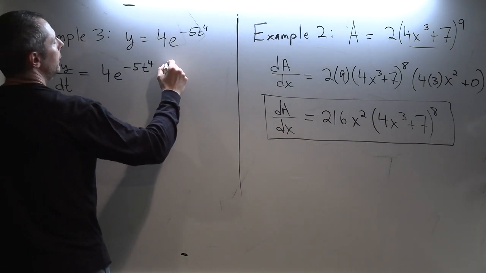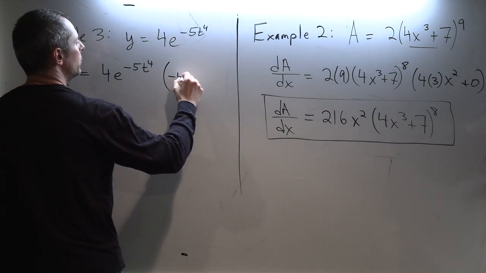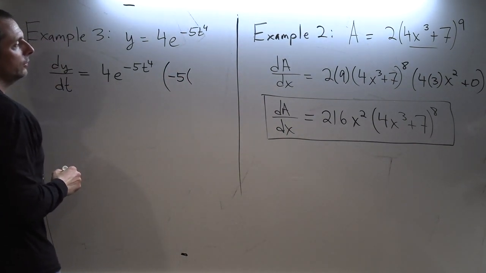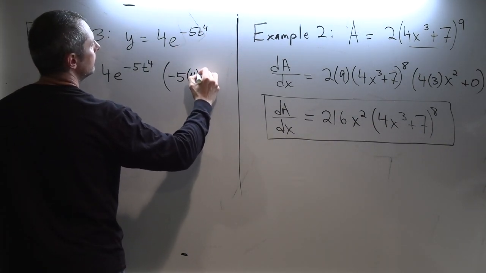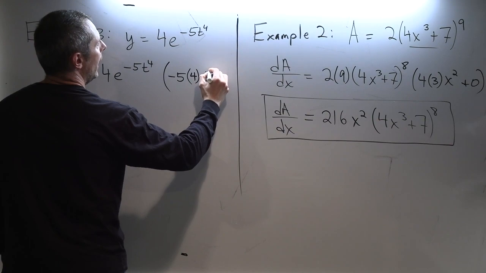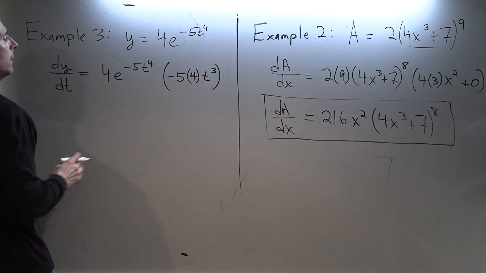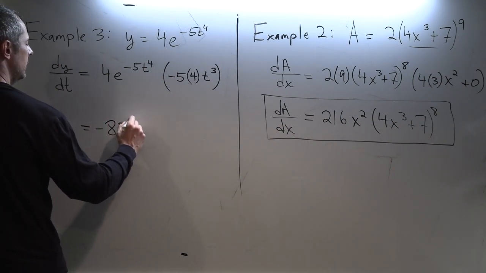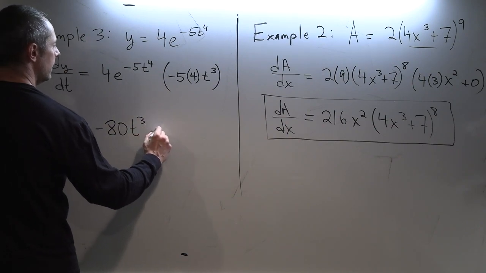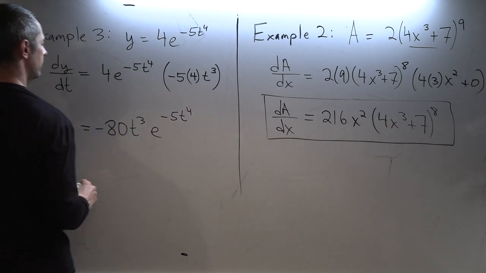But now I need to multiply by the derivative of what's inside the exponential, which is negative 5t to the 4th. So t to the 4th, I bring the 4 to the front, and then I subtract 1 from the 4th power. So this gives me negative 20 t cubed e to the minus 5t to the 4th.